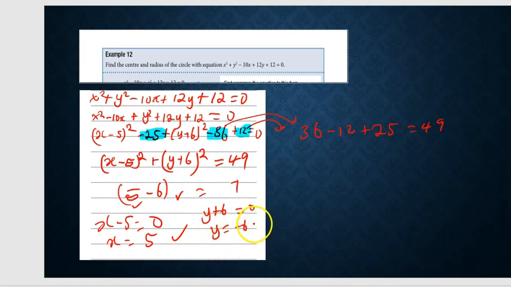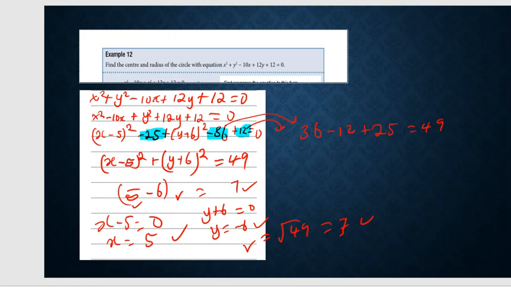So this is the center with radius 7, since r is the square root of 49, which is equal to 7. So this is how you find the center and radius of a circle with the equation x squared plus y squared minus 10x plus 12y plus 12 equals 0.